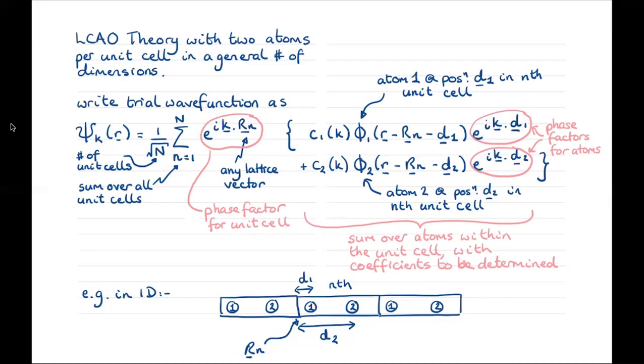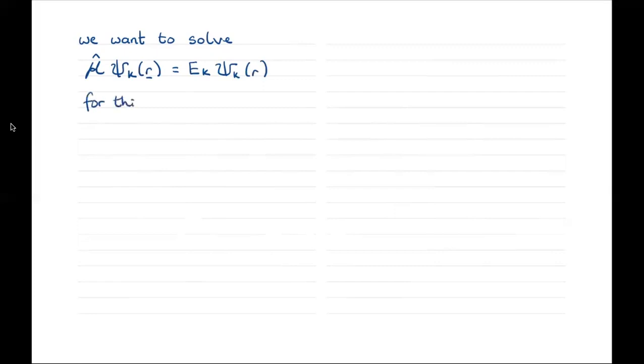Okay, so this is our trial wave function. And of course, what we want to solve is the Schrödinger equation, the Hamiltonian operator operating on psi sub k of r is equal to E sub k times psi sub k of r, for the form of the wave function we just wrote down, in order to find the energy as a function of k.